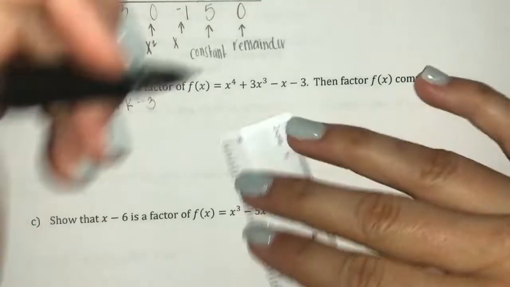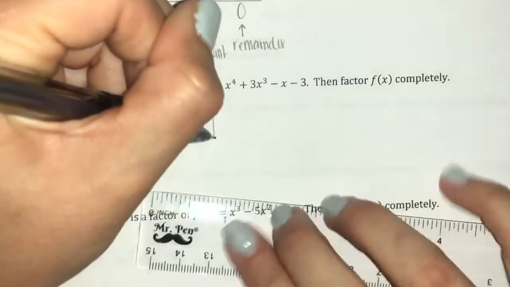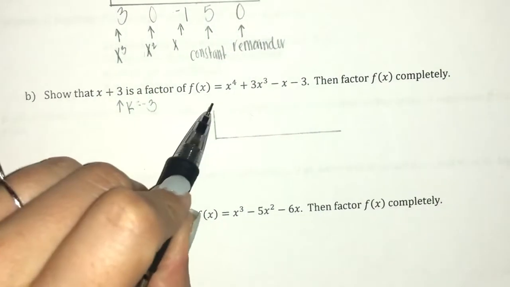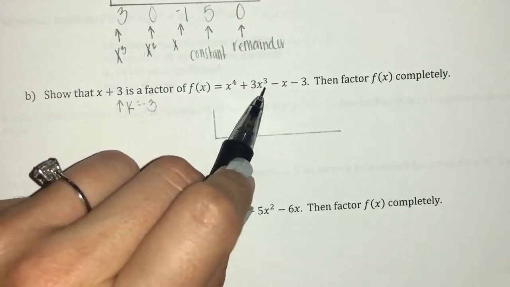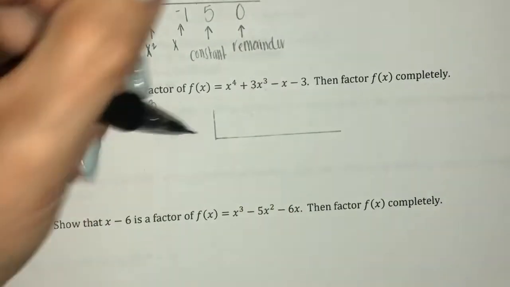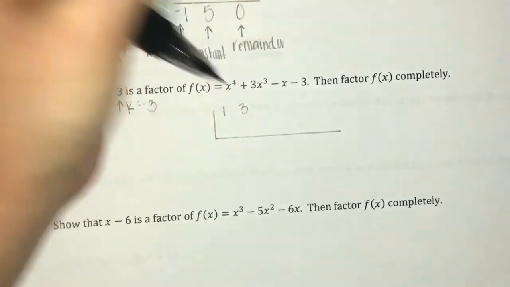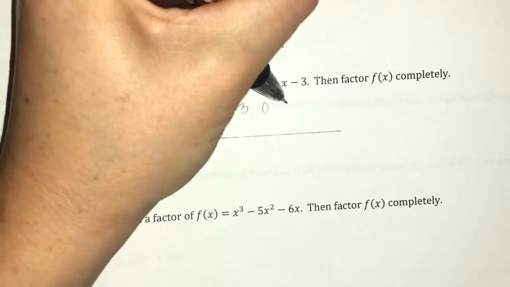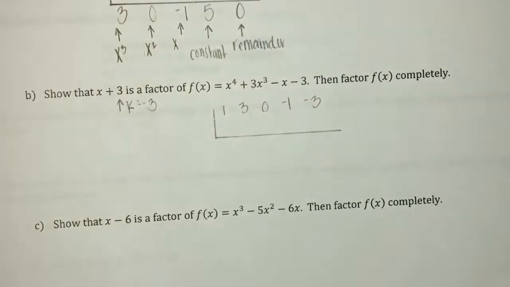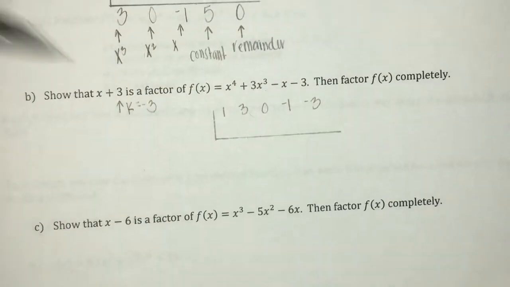So I can set up my synthetic division. Across the top would be 1, 3, 0 as a placeholder for x squared, and then negative 1 and negative 3. And then the k equals negative 3 goes in the upper outside left.